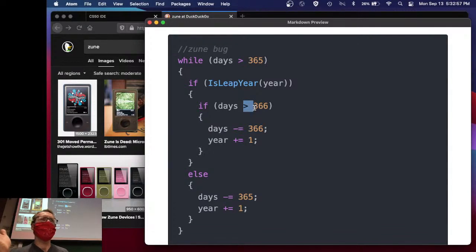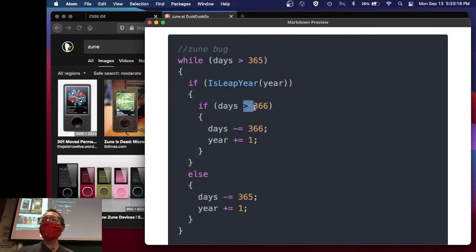And now it was not system critical. I mean, Zune owners couldn't listen to their music for 24 hours, right? So it was not that big of a deal. But imagine if you had a bug like this in, say, medical software that distributed insulin to patients, right? And bugs like that have happened where they give too much or too little insulin and people have died because of it, right?